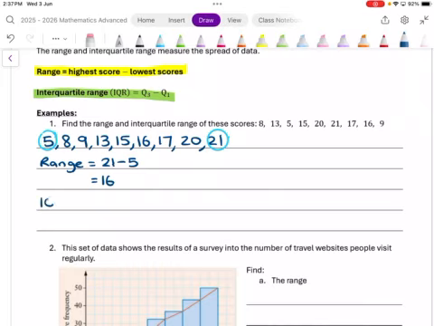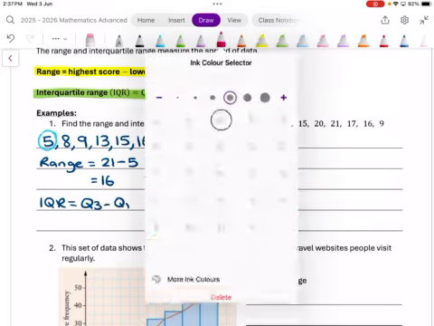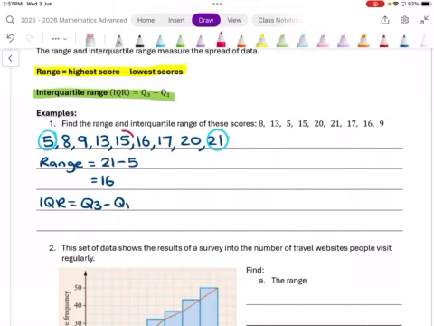Our IQR is our interquartile range, and that is Q3 minus Q1. Okay, that's where our Q2 is at 15. We then have our Q1 is in between 8 and 9, and our Q3 is in between 17 and 20.